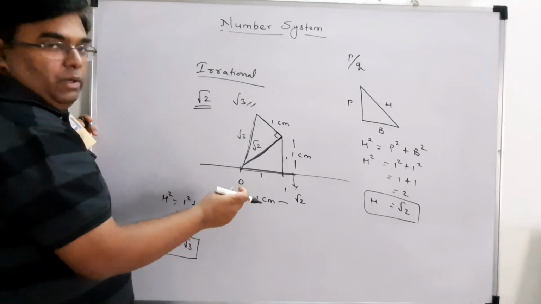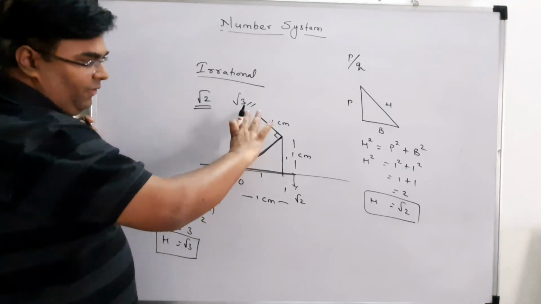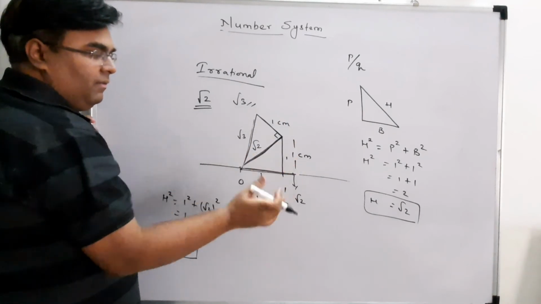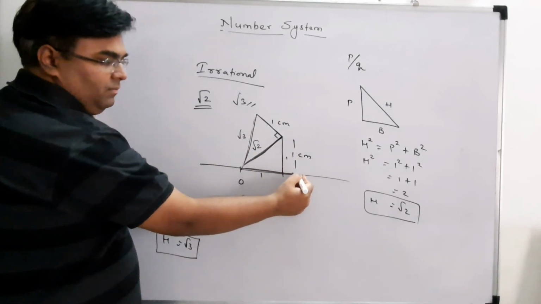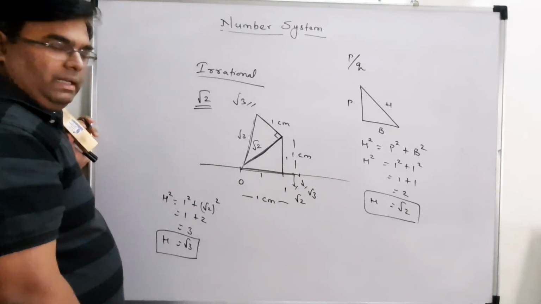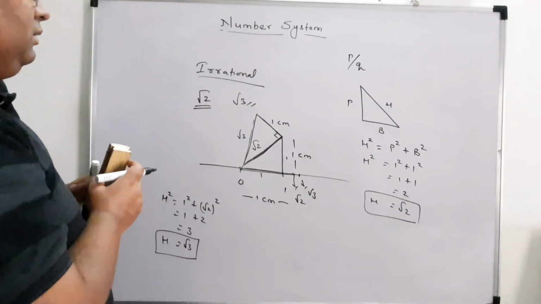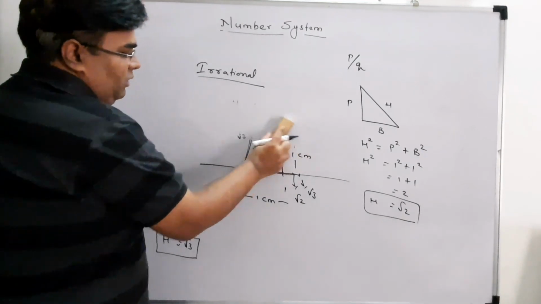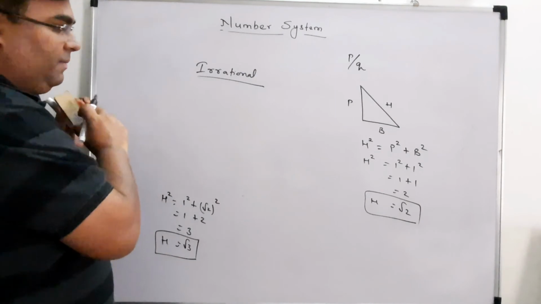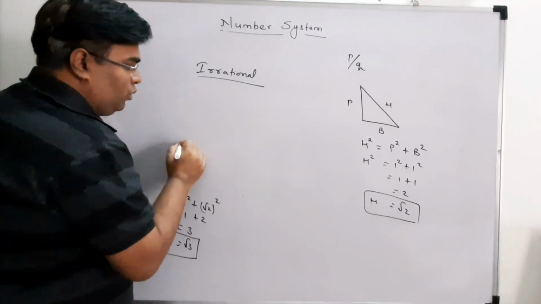Now again, by using rounder or compass, you can find this measurement and then mark it here. So you will get, this is my root 3. Correct? Or the second method is, you can use it directly, the root 2 measurement, but you need to first find out root 2.